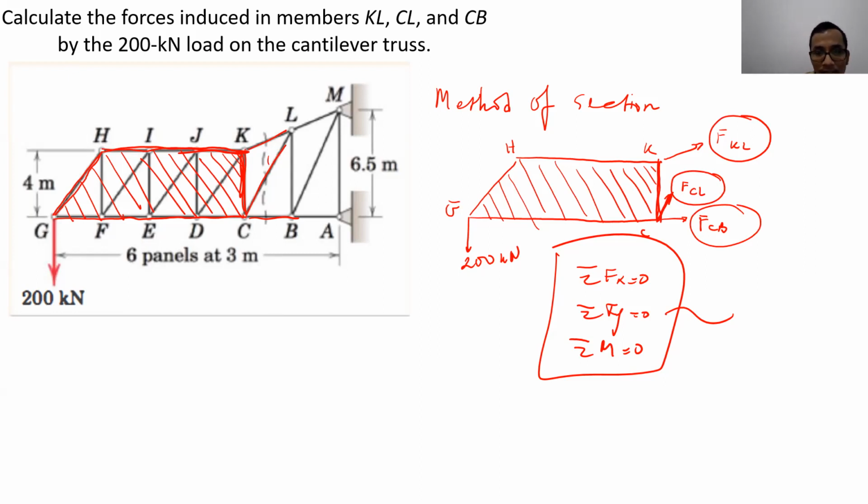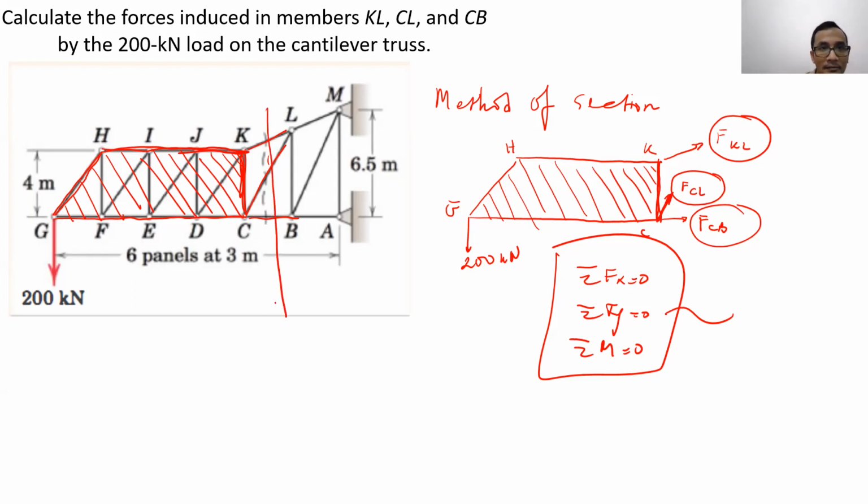Okay, actually now we are not solving for internal force at each joint anymore. What we do here is cut the member in order to use method of section. The member whose internal force value you want to know, you have to cut that member.